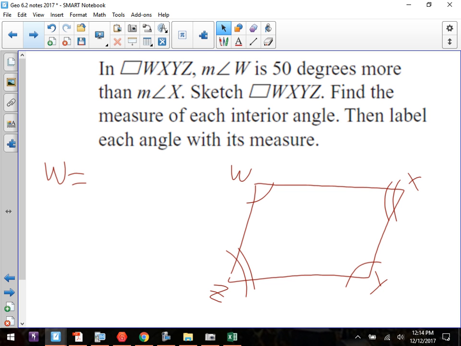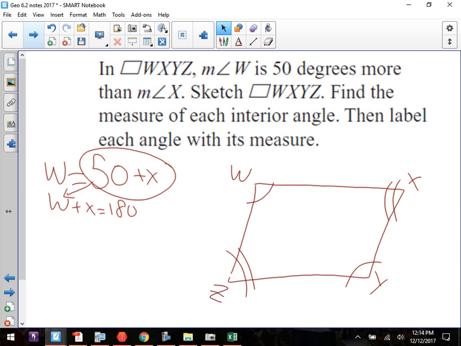Anyway, W is 50 more than X. 50 plus X, right? And what do W and X have to add up to equal? 180. Since I know that W plus X has to equal 180, I can substitute that in.